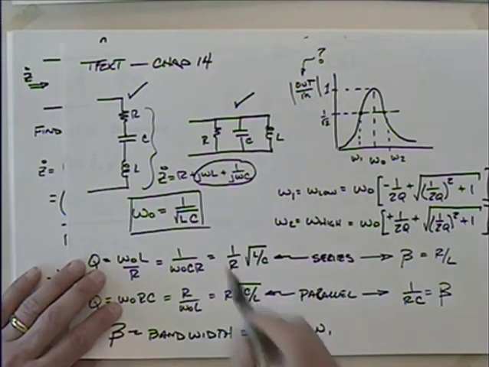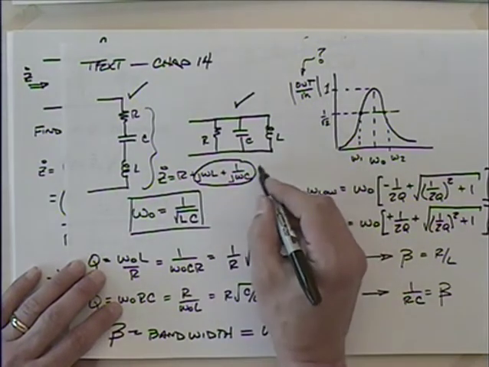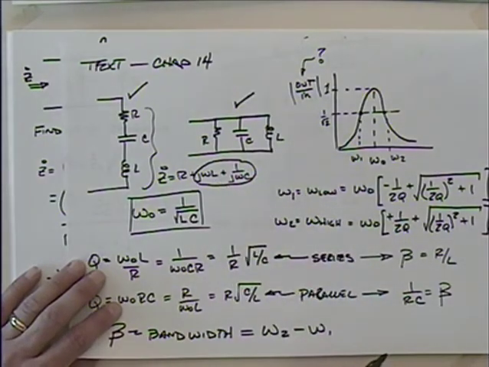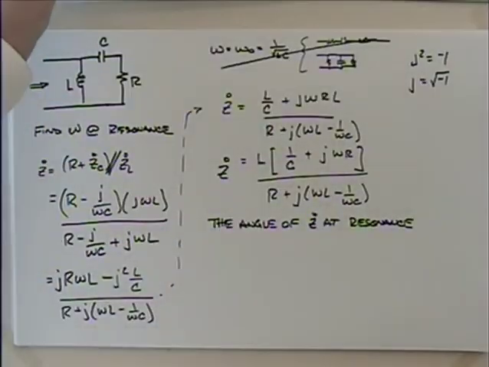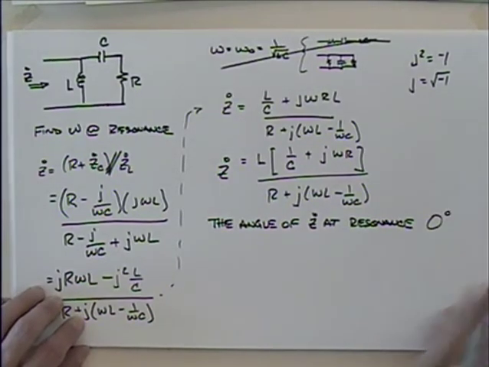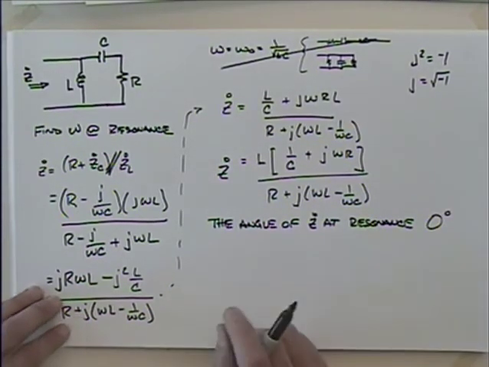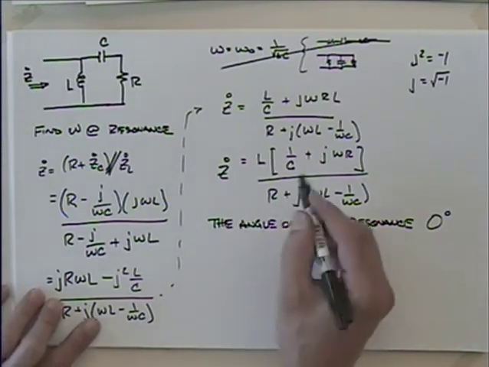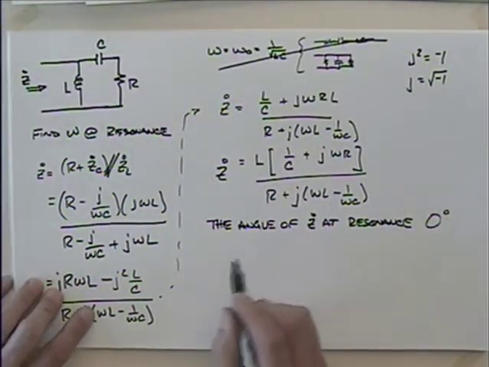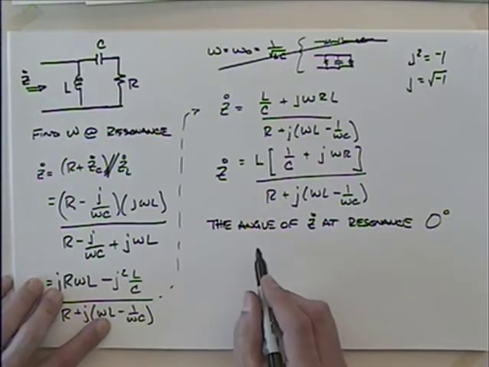We didn't do too many derivations, but I did derive that. We said that these two would cancel each other out, right? And this thing would look resistive. What's the angle on something that is resistive? Yeah. So it's 0 degrees, isn't it? So I know then if the angle of the impedance is to be 0 degrees, the angle of the numerator better be equal to the angle of the denominator.